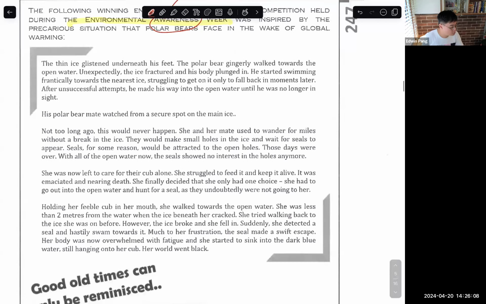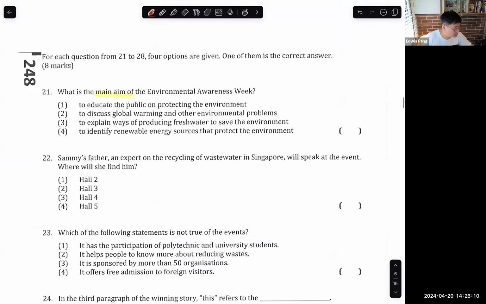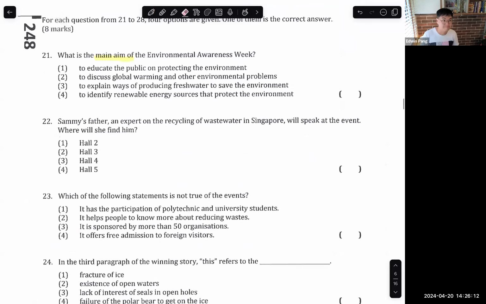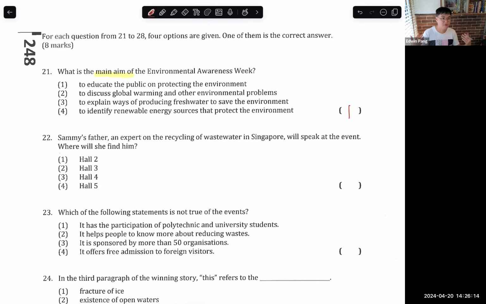Therefore, the answer should be to educate the public on protecting the environment. Why? Because there's not sufficient focus, attention, and awareness of the topic. So I need to use this activity, this essay writing competition, these talks that are arranged, to raise awareness. So the main aim, that's pretty straightforward.